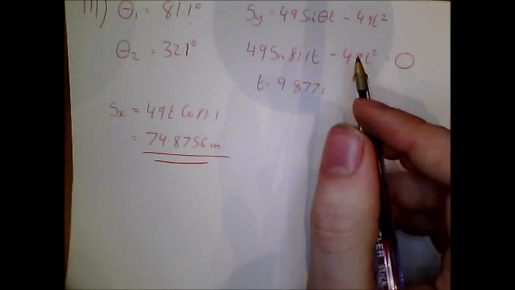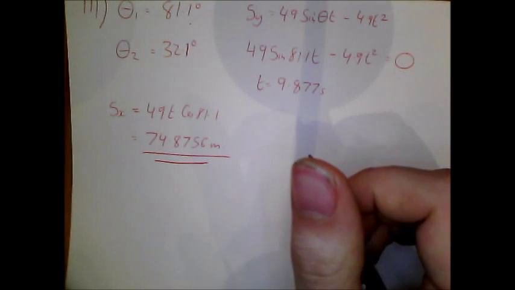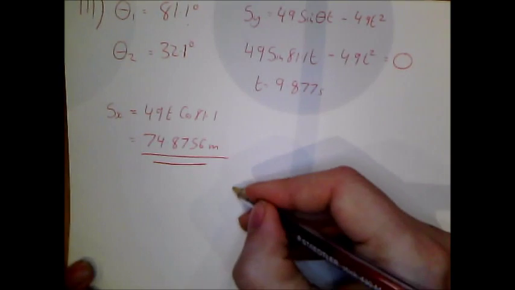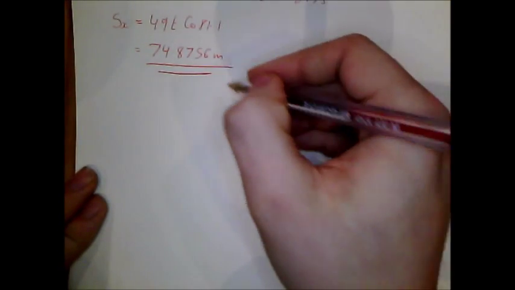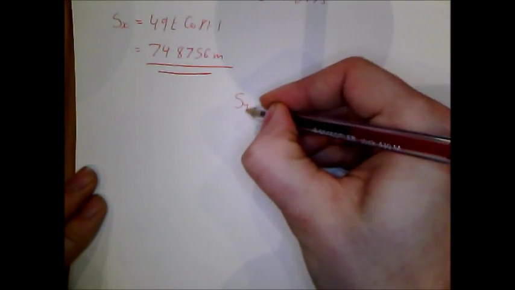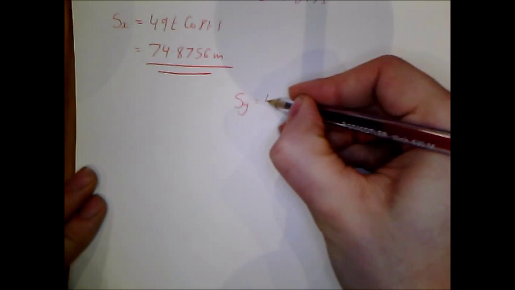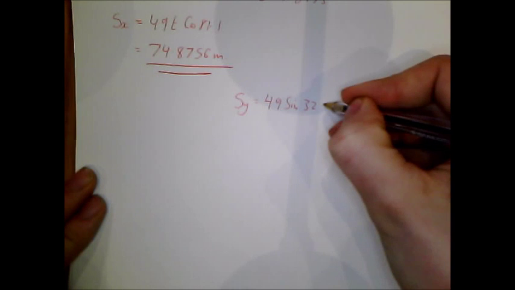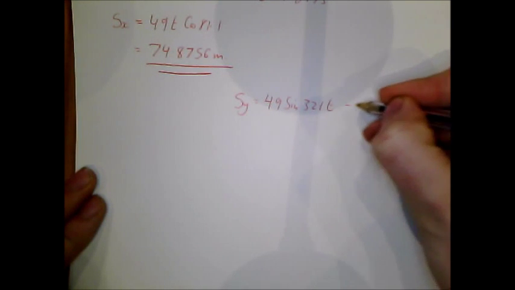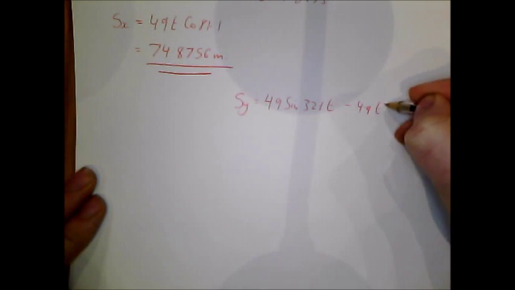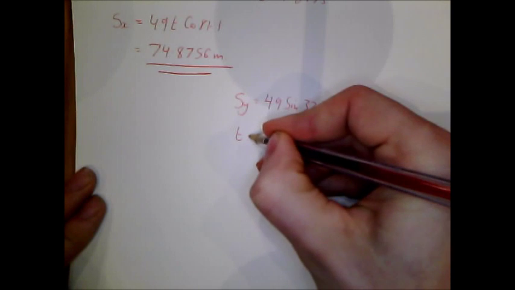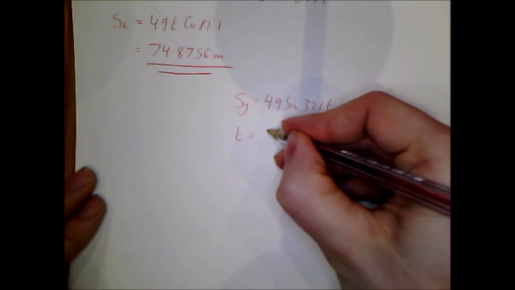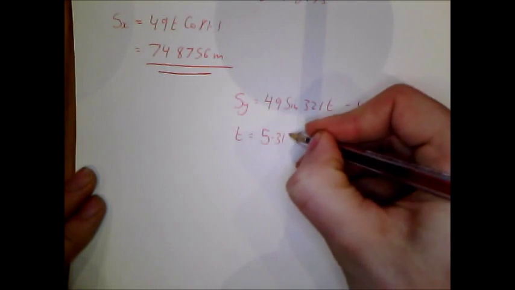And we'll now repeat this process for the shallower angle. So Sy equals 49 sine 32.1 t minus 4.9 t squared. And doing some various bits, we get a t value to be 5.314.